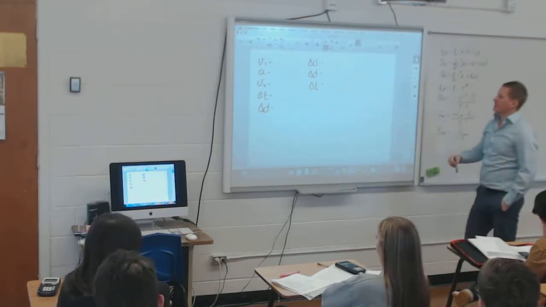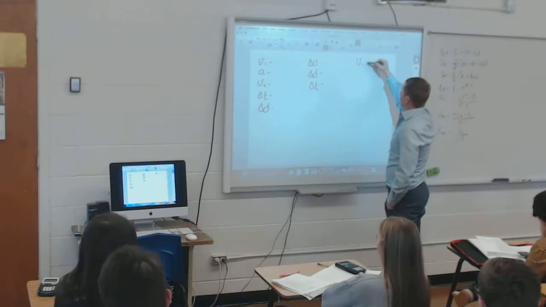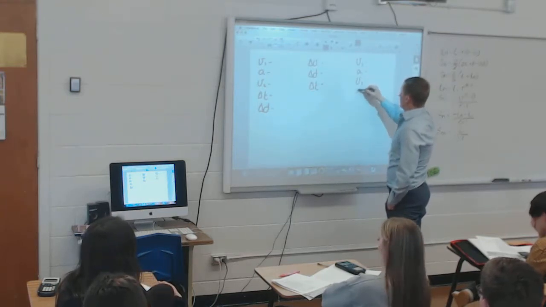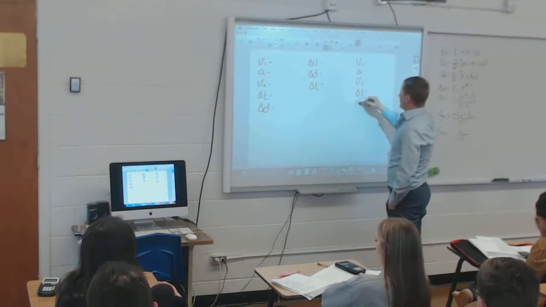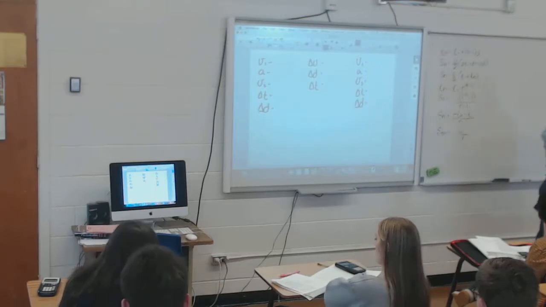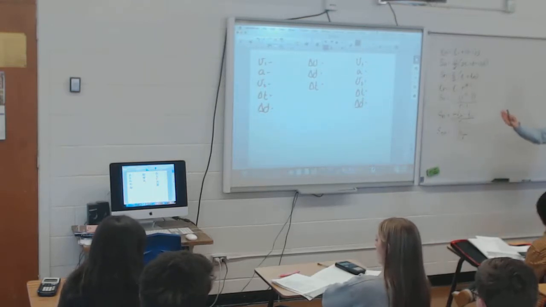Then in the third stage, I have the following information again. So what we want to see is what carries over from each stage to the next stage. That's the information that we need to get from the question.